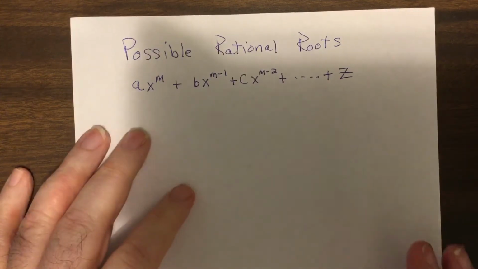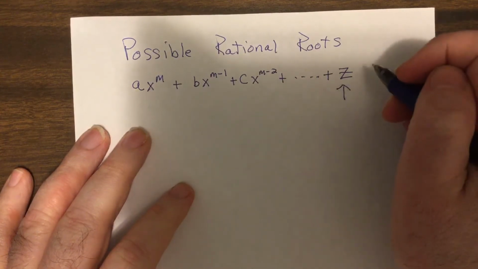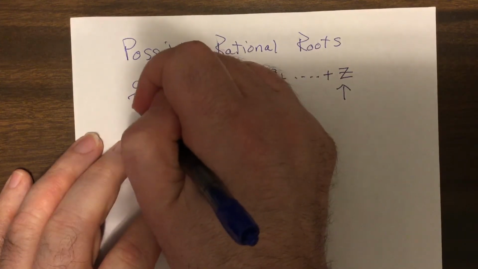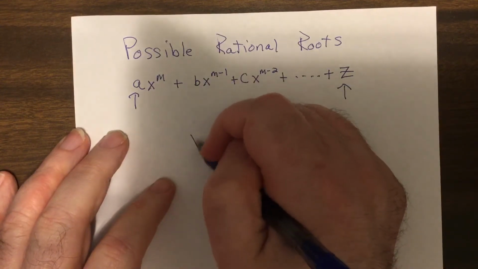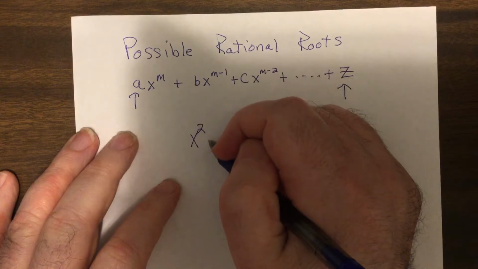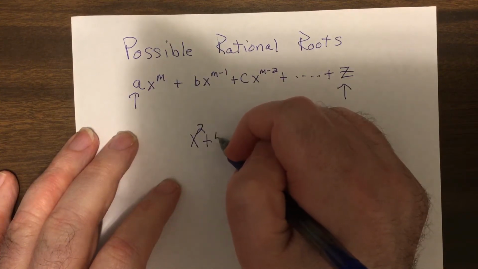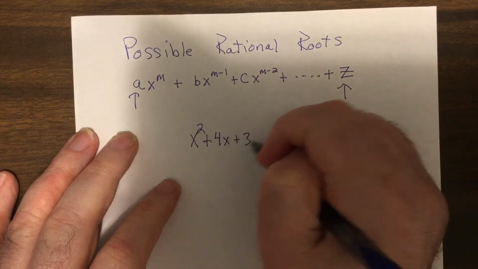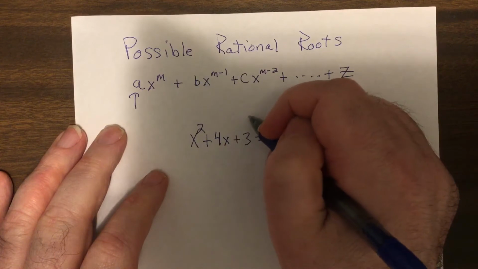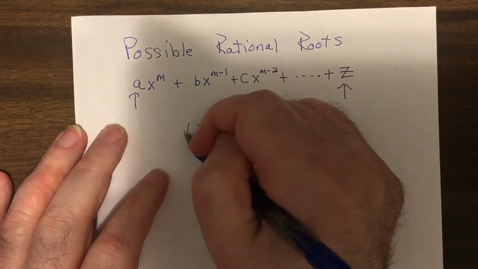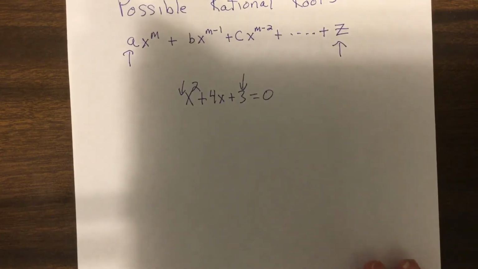Now, the only way it could be a possible rational root is if it's a factor of this number divided by a factor of that number. So if you remember back, second quarter, if we had x squared plus 4x plus 3, the only way an answer to this problem could be is if it's a factor of this, and this, of course, is 1, so therefore you don't really have to worry about it.